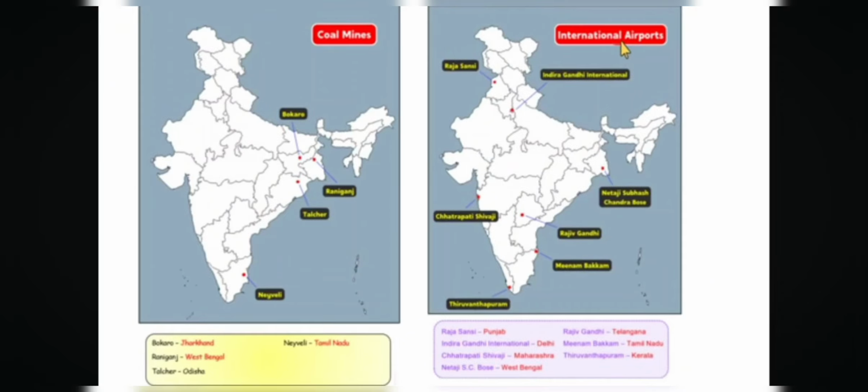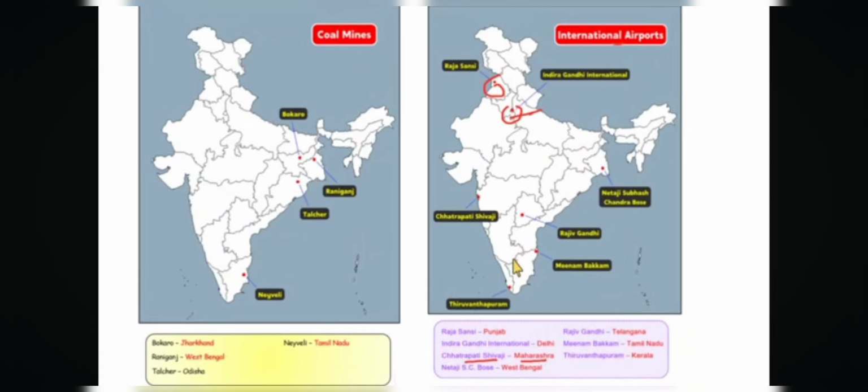Then let's move on to international airports. The question is asked about Rajasthanji, so remember this one is in Punjab. Next, this is Indira Gandhi International Airport in Delhi. Then Chhatrapati Shivaji International Airport in Maharashtra.